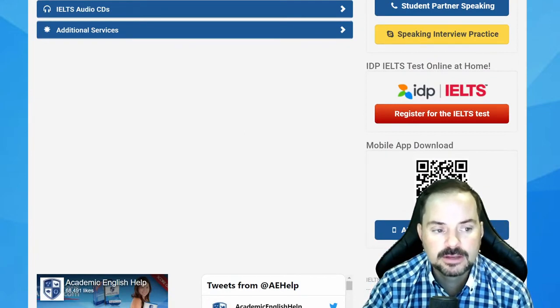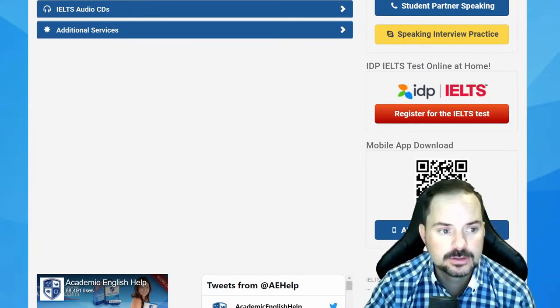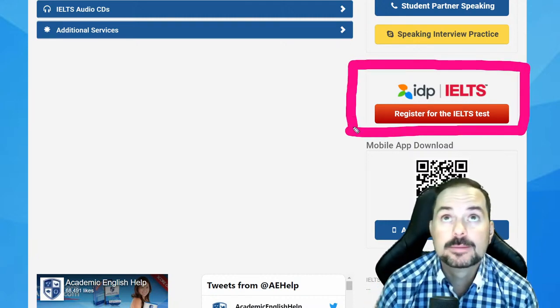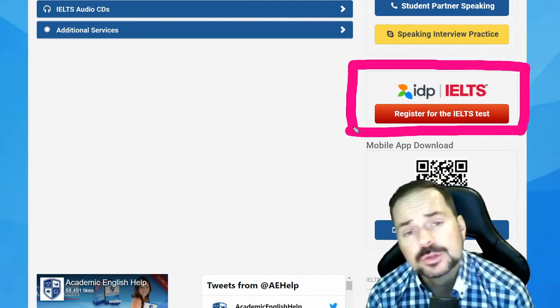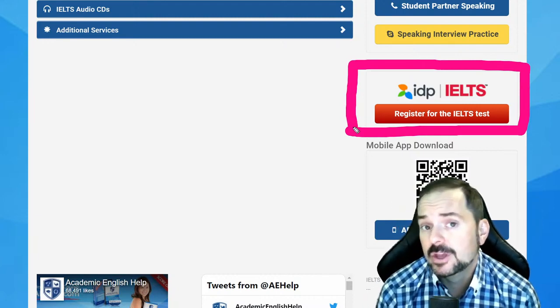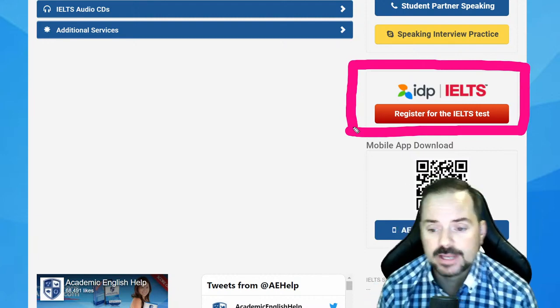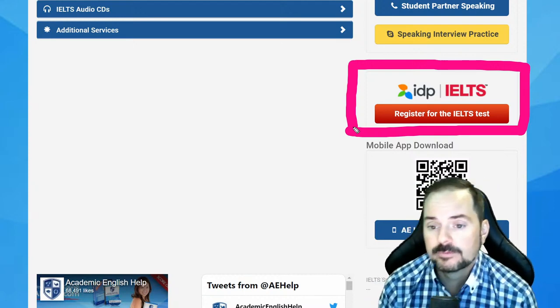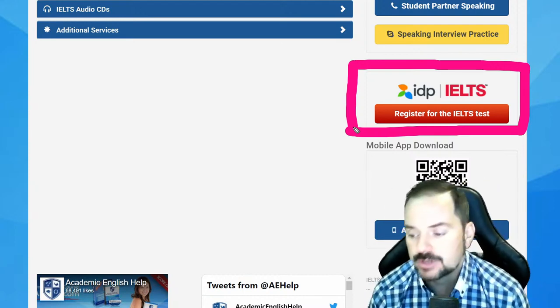It's a new test. Like, for example, people in Australia can do this. You can book your IELTS test through the website. If you don't see the button, it's because they don't have the online at-home version of the IELTS test yet in your country. But they're building that very fast, so more and more countries have it.